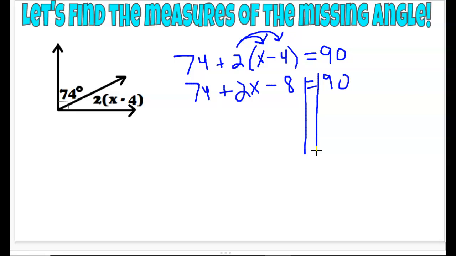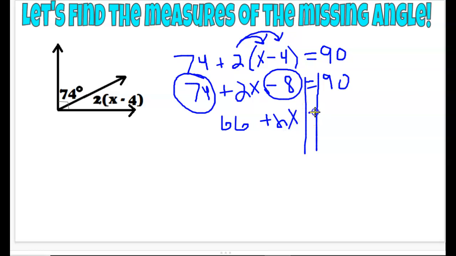Is there anything else I can do to simplify this? There is. I have a 74 and I have a negative 8. 74 and negative 8 should give me 66. So I have 66 plus 2x equals 90.